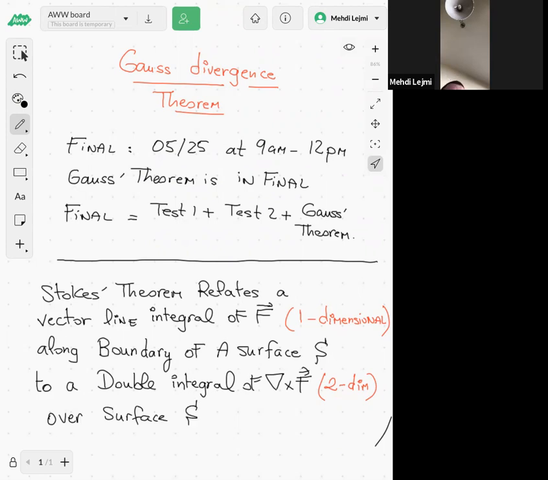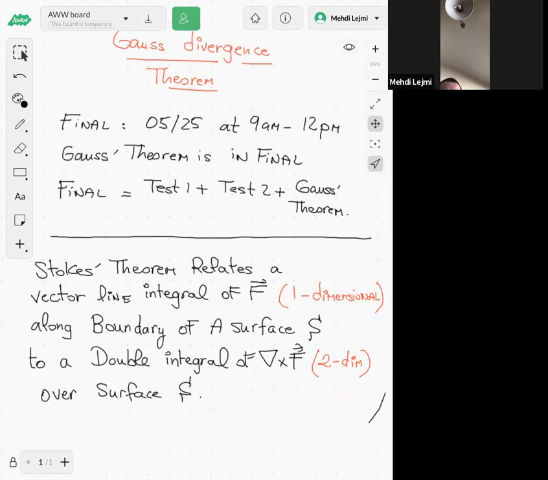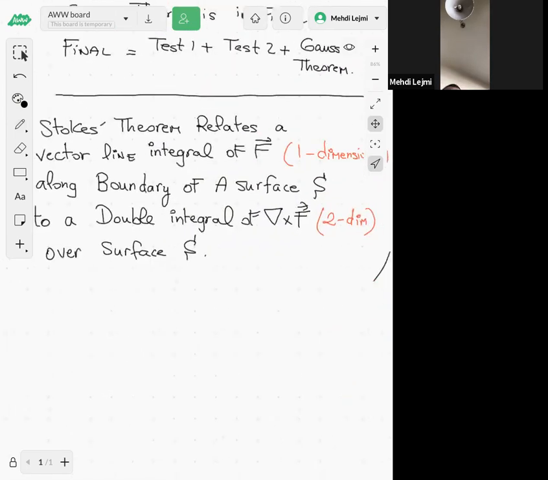Now, this is a relation between one-dimensional and two-dimensional integrals. And Stokes theorem is a generalization of Green's theorem, which is also a relation between one-dimensional and two-dimensional integrals.